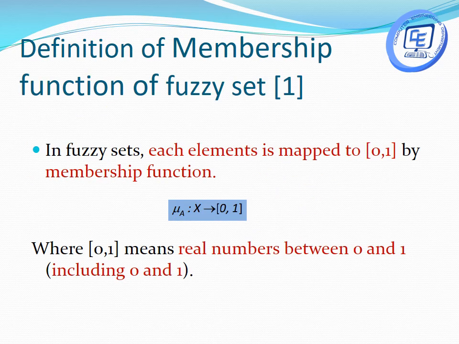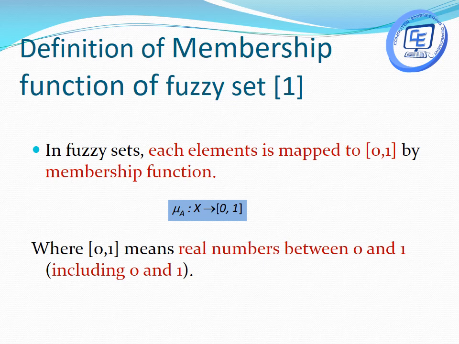Let's see the definition of the membership function of a fuzzy set. In fuzzy sets, each element is mapped to [0, 1] by the membership function. Mu of A maps x to [0, 1], where [0, 1] means real numbers between 0 and 1, including 0 and 1.